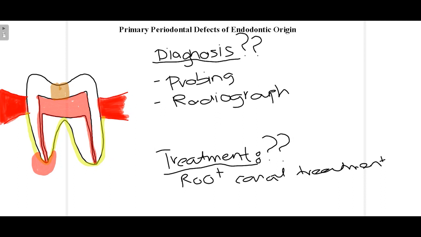So this will automatically resolve the lesion. Sometimes periodontal treatment can be required, though in many cases it is not. If it is required, you can do scaling and root planing, but in many cases root canal treatment is sufficient to save the tooth.